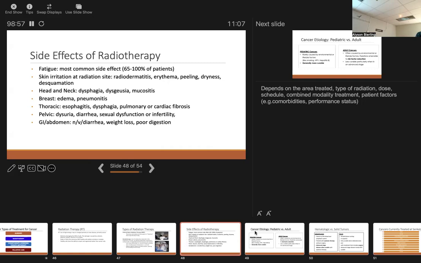With breast cancer, these patients might experience edema, pneumonitis. Thoracic cancers might experience esophagitis, dysphagia, pulmonary or cardiac fibrosis. Pelvic radiotherapy can result in dysuria, diarrhea, sexual dysfunction or infertility. And then radiation that's applied to the GI tract or abdomen might result in nausea and vomiting, diarrhea, weight loss, or poor digestion. So when you think about the side effects of therapy, just think about where that radiation is delivered, and that's where you're going to see the side effects.